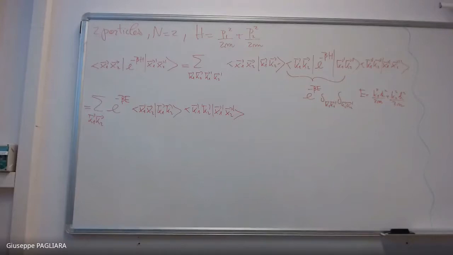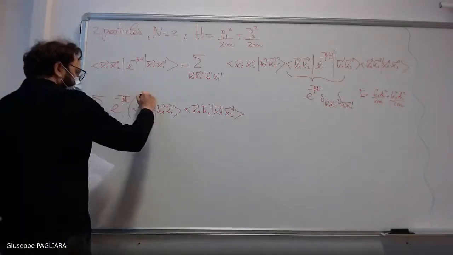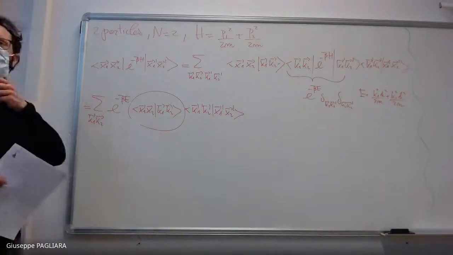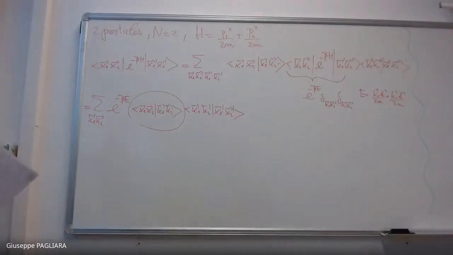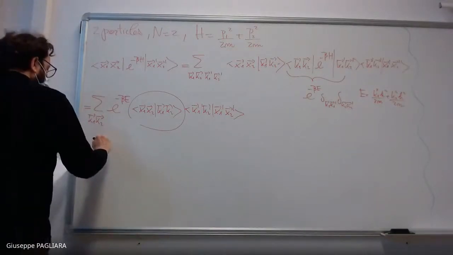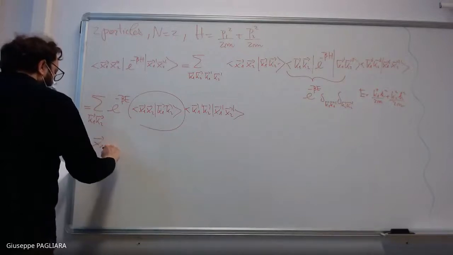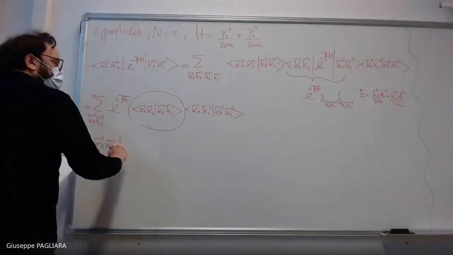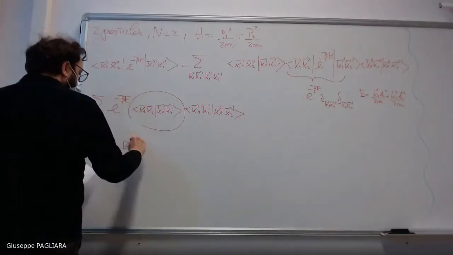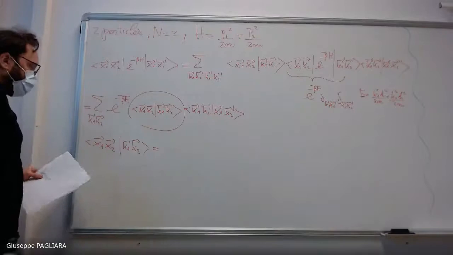Now we just need to, and this is the tricky part, construct these states here. Last time, this was just the plane wave for one particle, so we didn't need to do anything in particular. But this time we have to be careful because this state must be correctly symmetrized. And the form is the following.